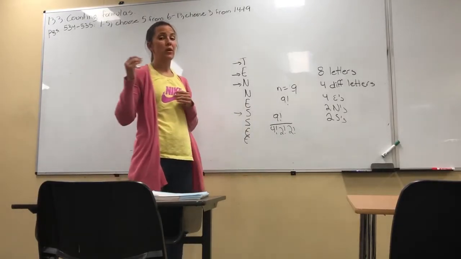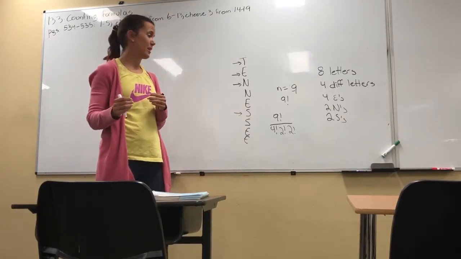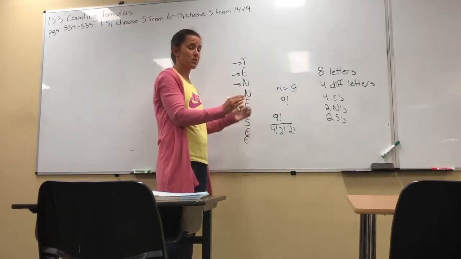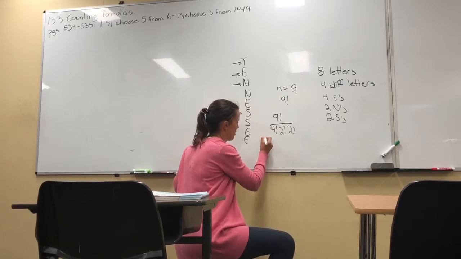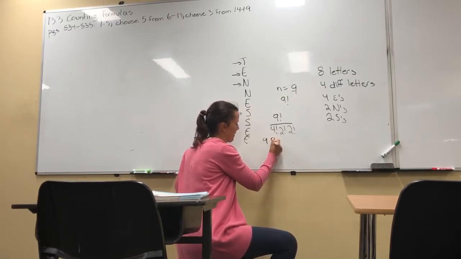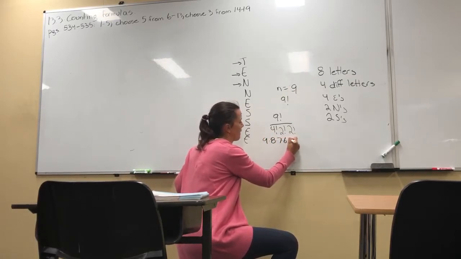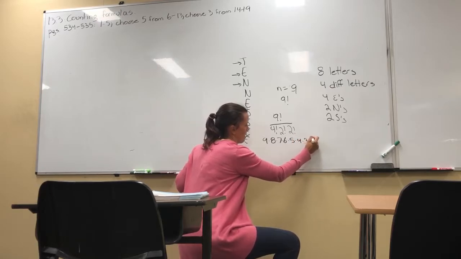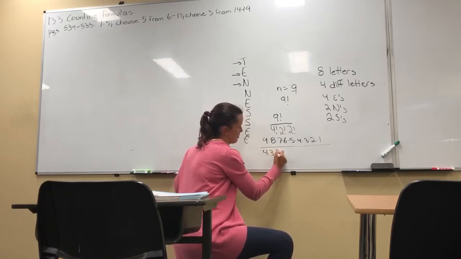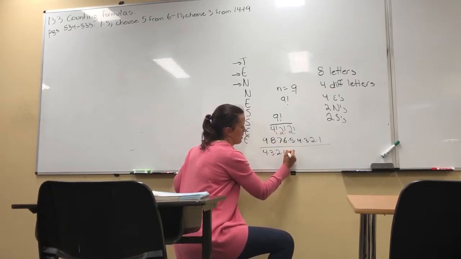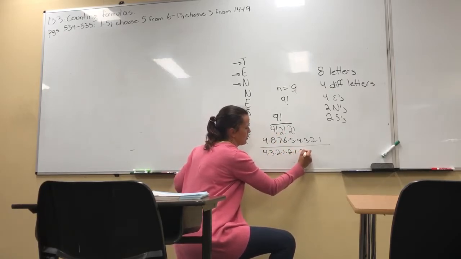Now, if you have the factorial button on your calculator, great. If not, you can save yourself a tiny bit of the work by actually writing it out and figuring out what you can eliminate, right? And here you have 4 times 3 times 1 times 2 times 1 times 2 times 1.